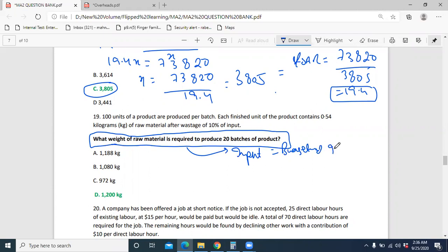And remember, budgeted input is always based upon 100%, and after that, the loss, which in this case is 10%. So I need to calculate the budgeted figure that already has the allowance for normal loss. My budgeted quantity always has the allowance for normal loss.